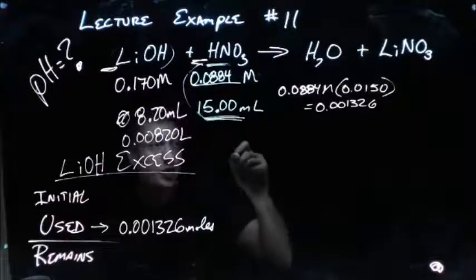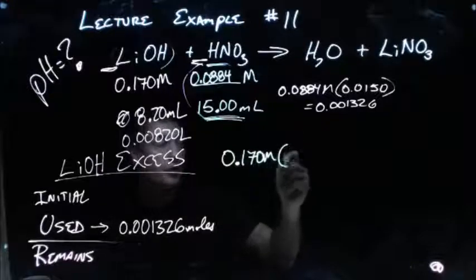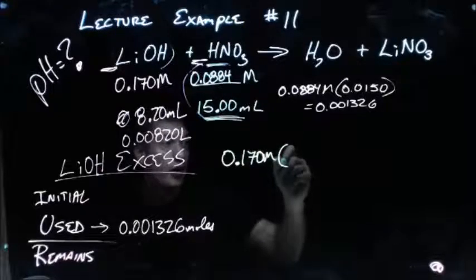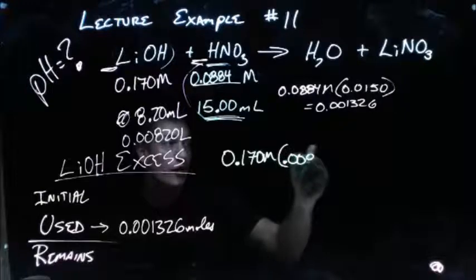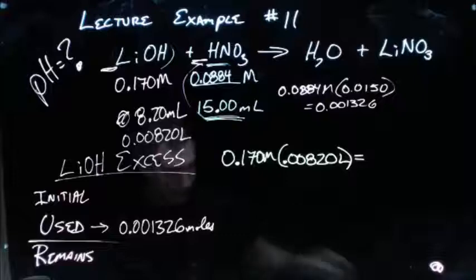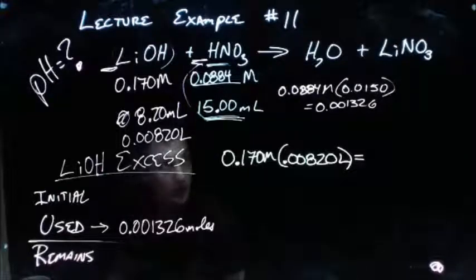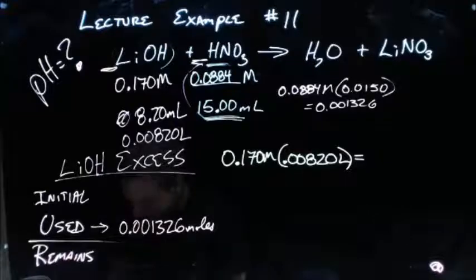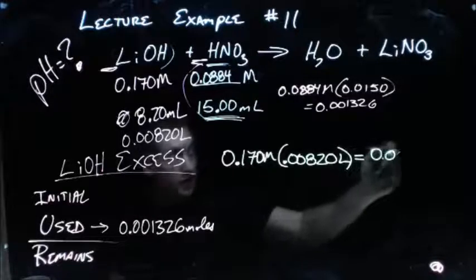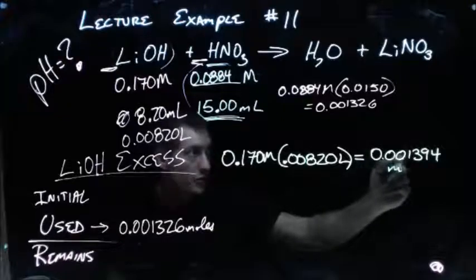We'll take its concentration, 0.170 molar, and we'll multiply it by the volume, 0.00820 liters. And initially we have, what is that? I think it's 1394. 0.170 times 0.0082. Yeah, it's 0.001394 moles.